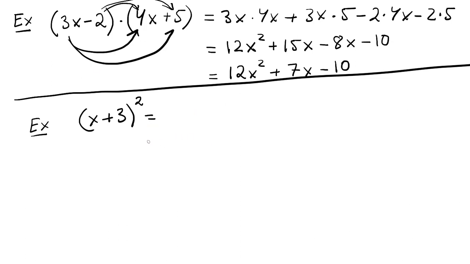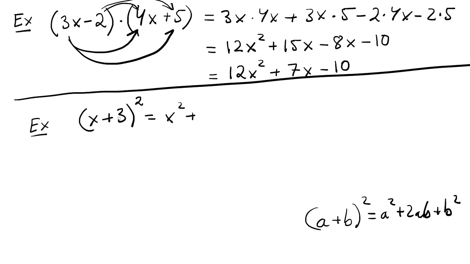But let us instead use the first quadratic rule, or you had a rule for taking a square of a sum. So if you remember that rule, it was a plus b, you should square it. You should have a squared plus 2ab plus b squared. If you do it here, we get x squared plus, then we take the double product of these, so 2 times that, and then you should have 3 squared.